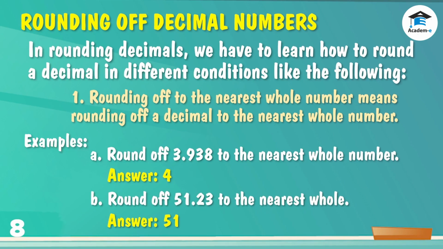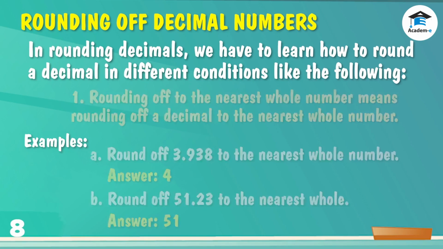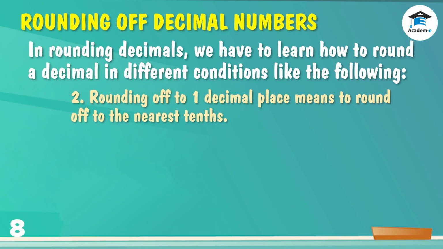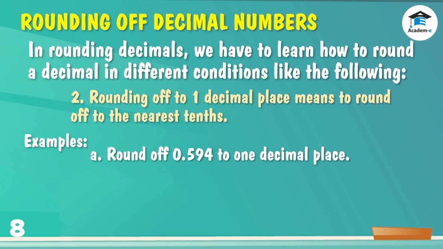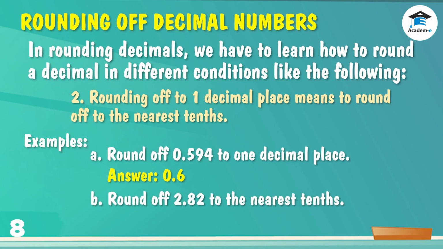Answer. 51. 2. Rounding off to one decimal place means to round off to the nearest tenths. Example. A. Round off 0.594 to one decimal place. Answer. 0.6. B. Round off 2.82 to the nearest tenths. Answer. 2.8.